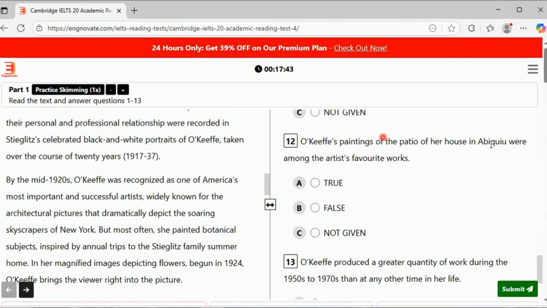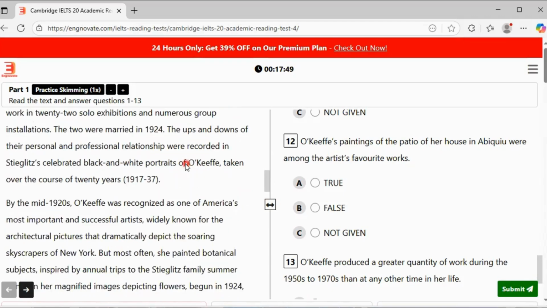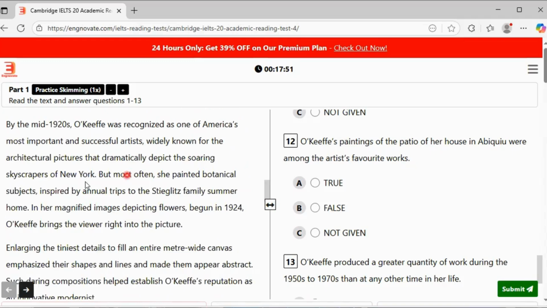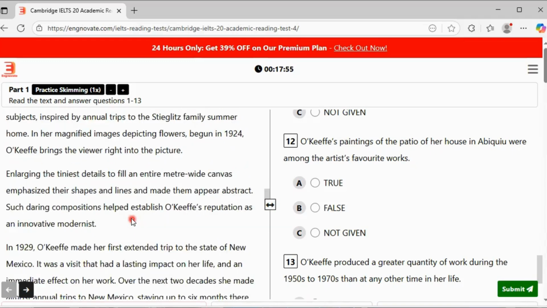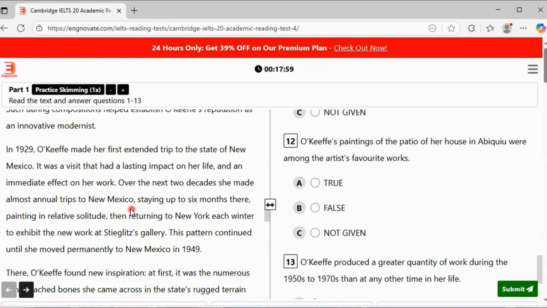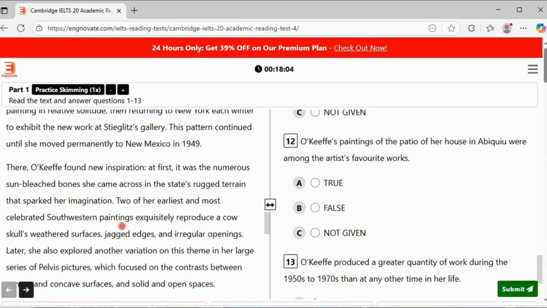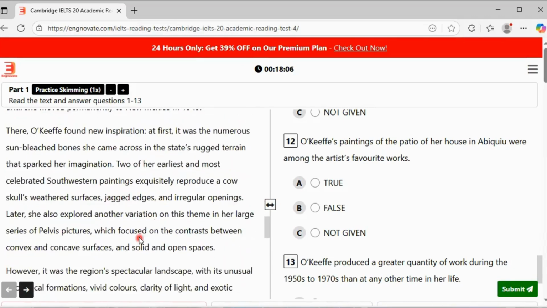Then painting of an Abiquiu house. Where's Abiquiu? Abiquiu is not here. Let me check the next paragraph. New York. Abiquiu is not here. New Mexico, New York, Stieglitz Gallery. I can't see Abiquiu here.